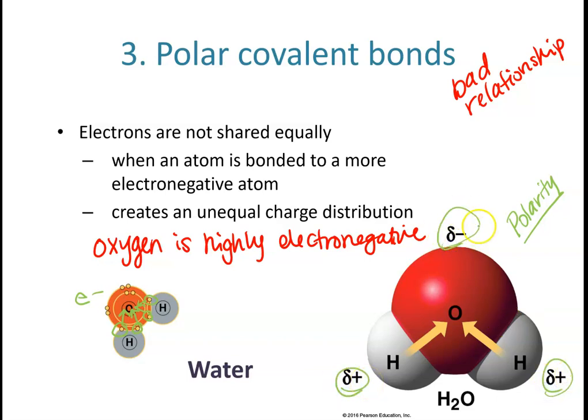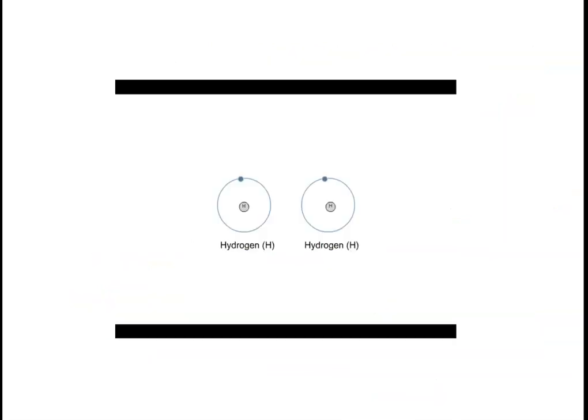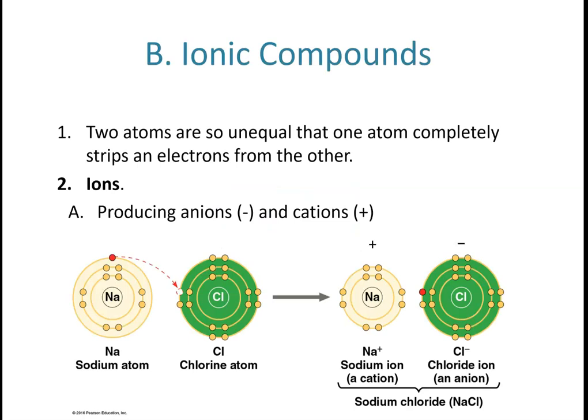It's showing you that there's a negative charge towards the oxygen and a positive charge on the hydrogen ends. And that makes this what we call a polar molecule. So we will come back to polar molecules in just a few minutes, but let's move on to other types of chemical bonds.